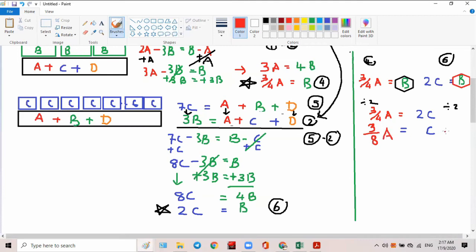This is a very, very important clue. Well, what do we have? We know B is 3/4 A and C is 3/8 A. That means we can safely say A is made of, in units, 8 units. Because C is 3 out of 8 of A, A must be 8 units. C would be 3 units.